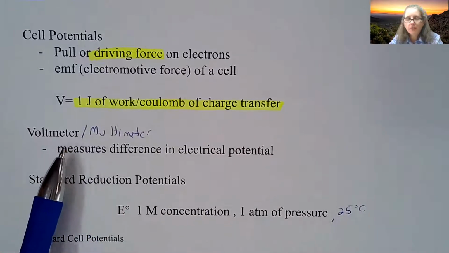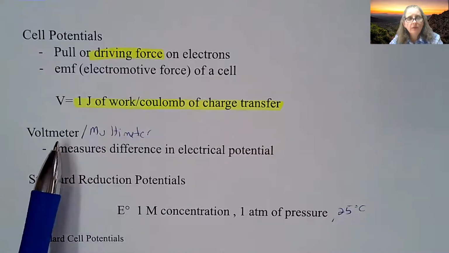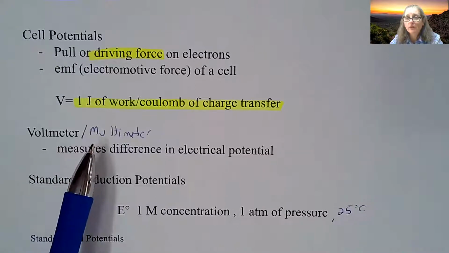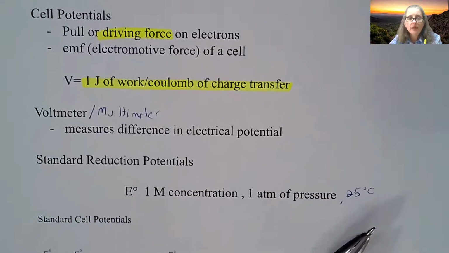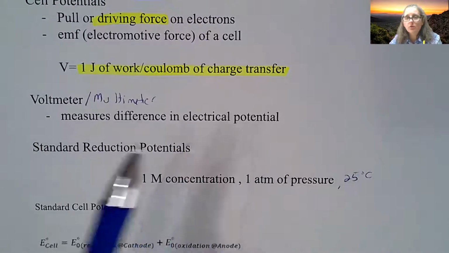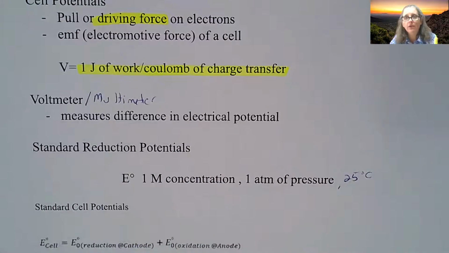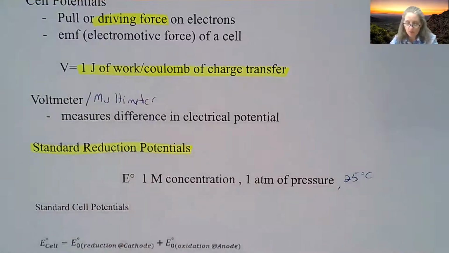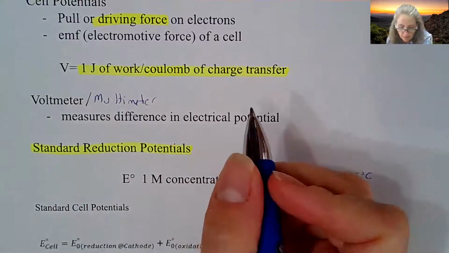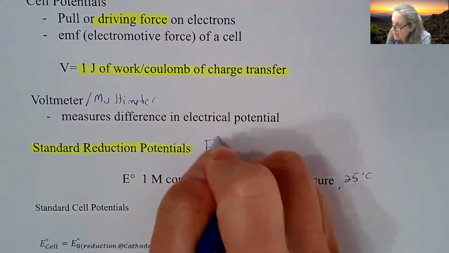So when we have our galvanic cell, we have a voltmeter attached, or a multimeter if you're familiar with it from physics. We can measure the difference in what we call the electrical potential between those two half cells. So what we have is that standard reduction potential, that's the table that I showed you. And we can use that to find what we call the E cell.